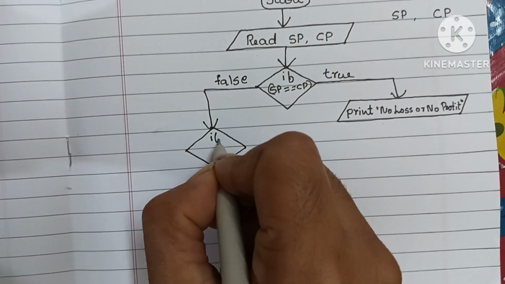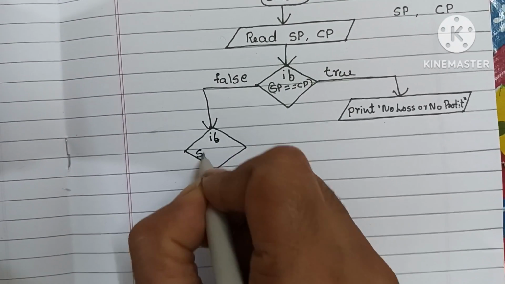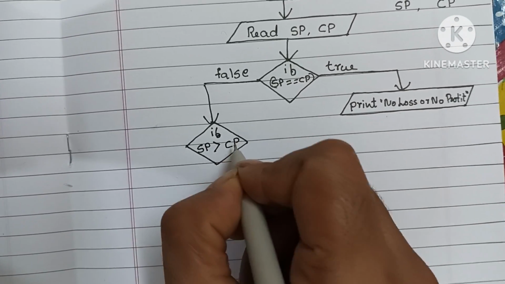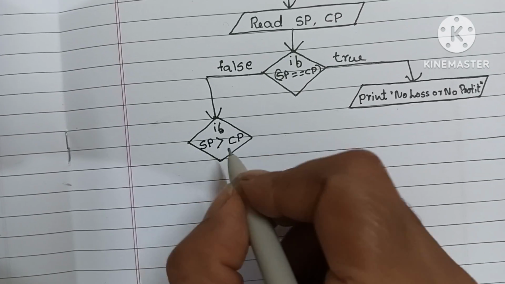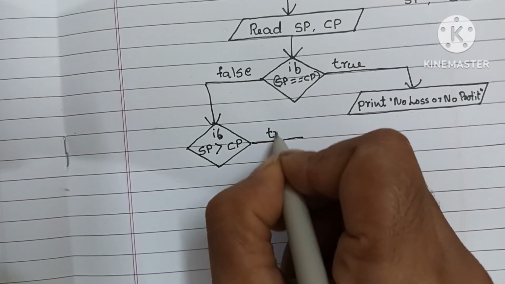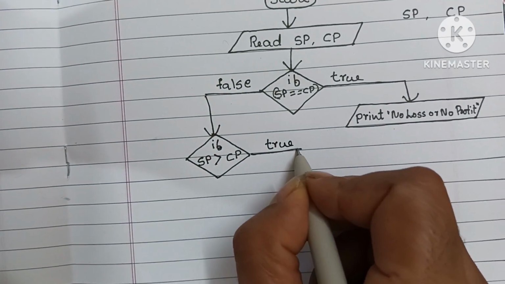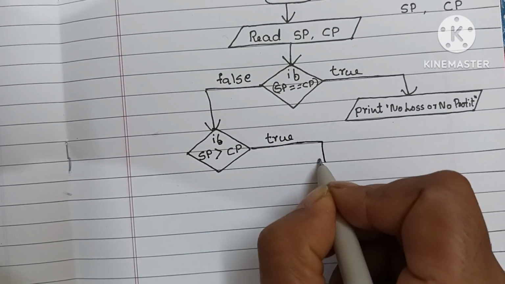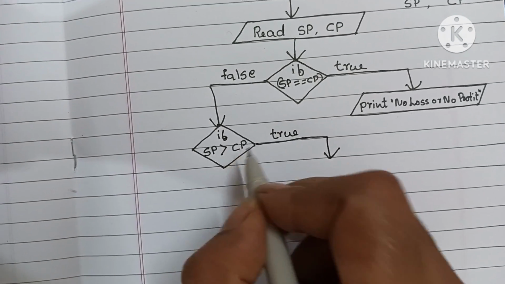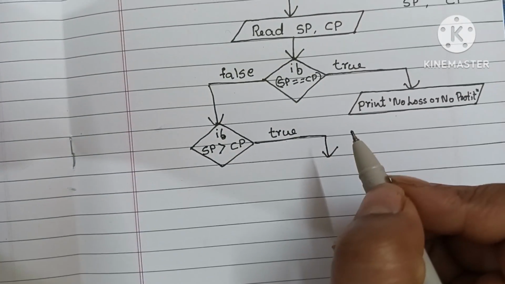Here if SP, selling price, is greater than cost price, if this condition is true, we have to calculate profit. Here selling price is greater than cost price, that is profit, right?